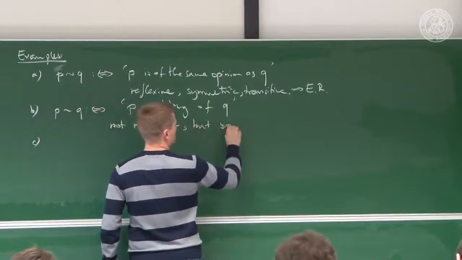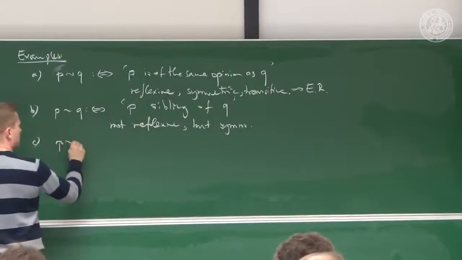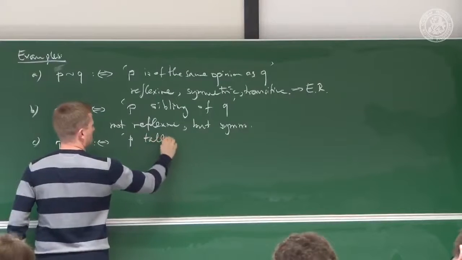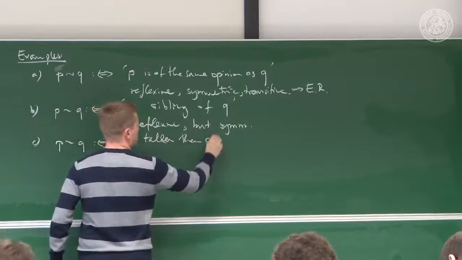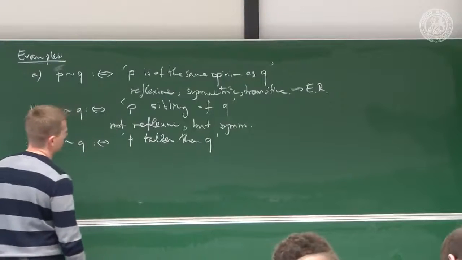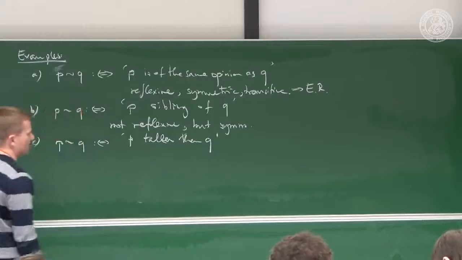Let's say p ~ q defined as p is taller than q. This would be perfectly transitive. But it's not reflexive.